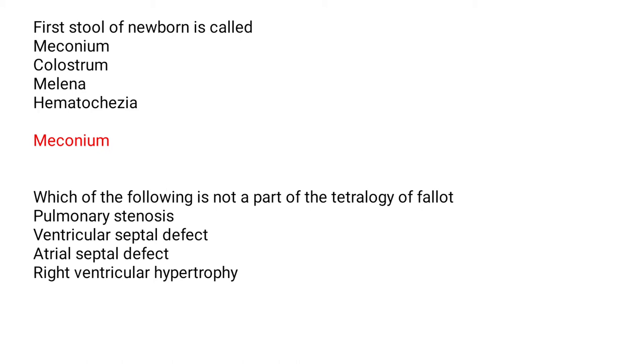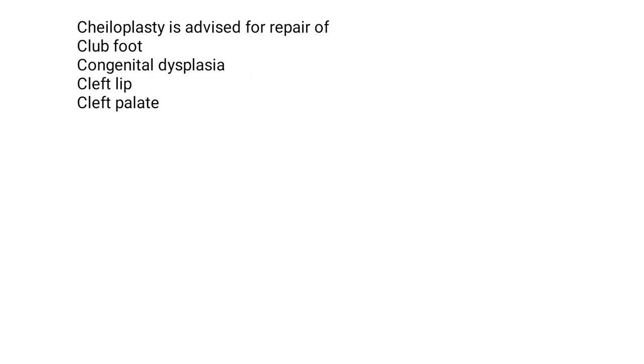So here the question is not a part of tetralogy of Fallot and the answer is atrial septal defect. Cheiloplasty is advised for repair of, options: clubfoot, congenital dysplasia, cleft lip and cleft palate. And the answer is cleft lip.